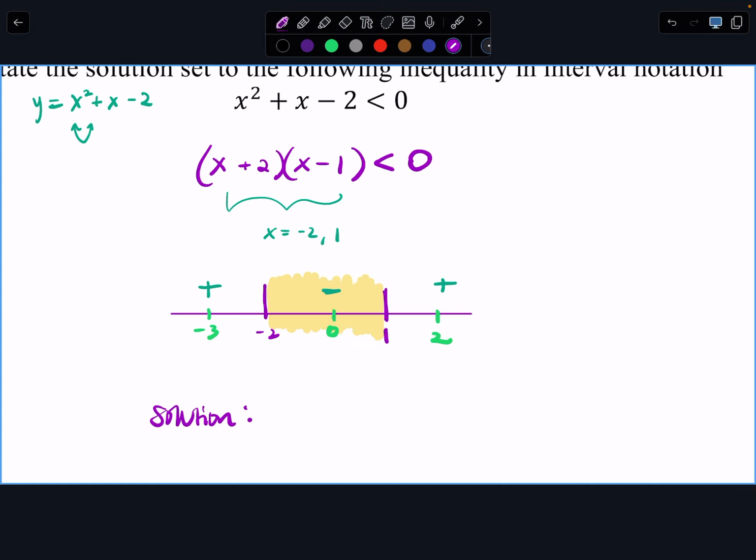Would we include -2? If we substitute -2 in, would we get a true statement? No, because 0 is not strictly less than 0. So we wouldn't want to include -2, and for the same reason, we wouldn't want to include 1.